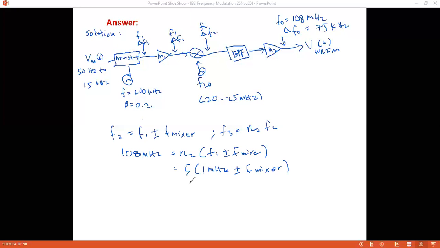It's equal to 5 megahertz plus minus 5 times the frequency of mixer. And from this equation we got our F mixer equal to plus minus 103 divided by 5 megahertz.